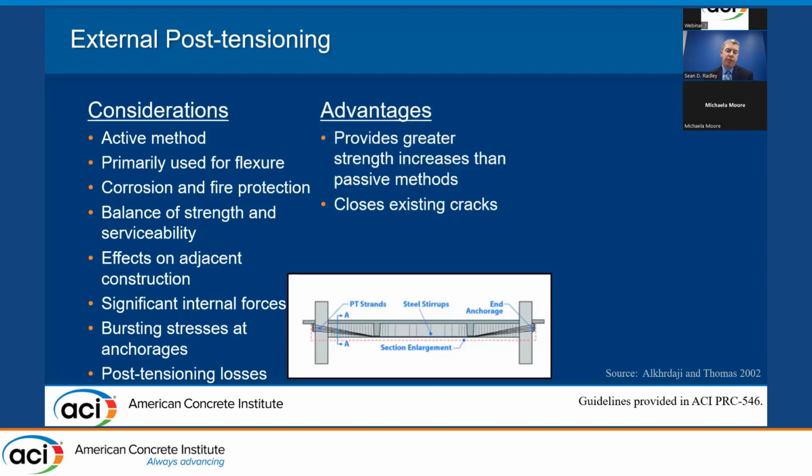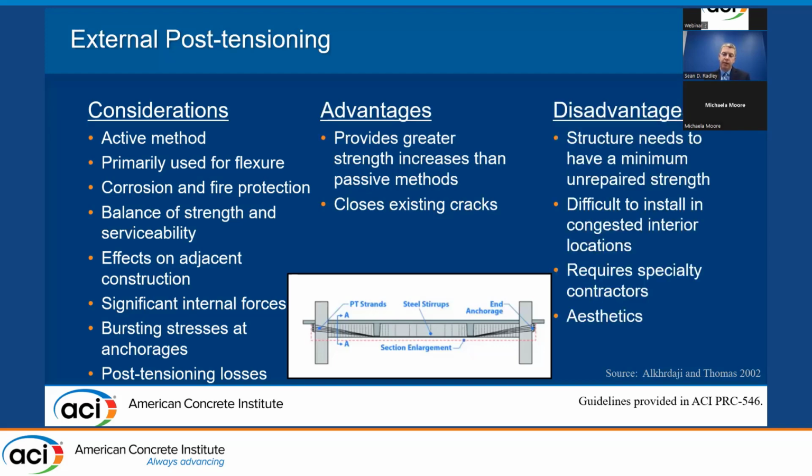One main advantage of this technique is that it provides greater strength increases than the previous passive methods, and it also closes any existing cracks you may have. However, as noted with the previous external method, the existing structure needs to have a minimum unrepaired strength. Should these tendons be damaged and no longer able to be relied upon, the existing structure cannot collapse.